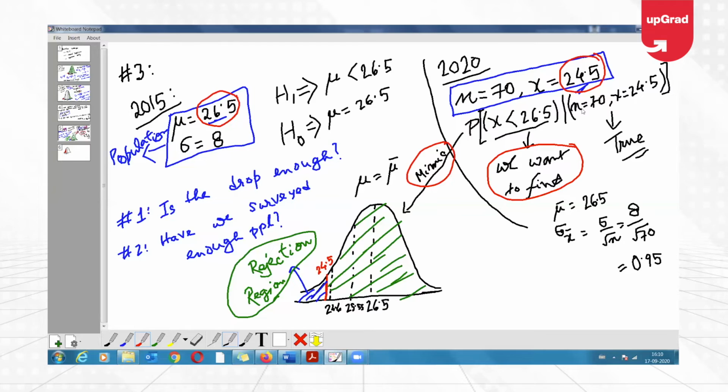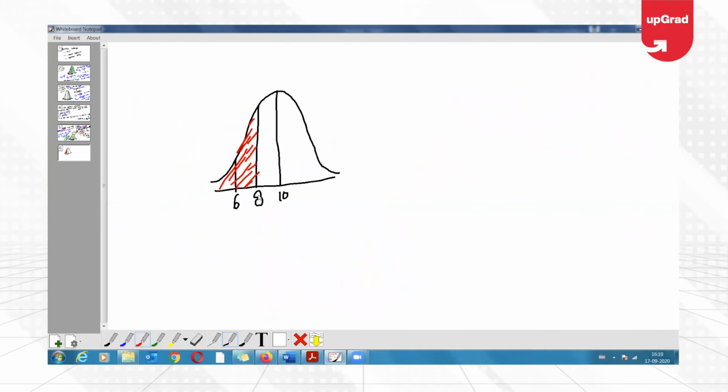So logically think, in this case, since 8 and 10 are closer to each other, the rejection region is higher. For example, what is the probability of mu being 10 if I pick a random sample which is 8?